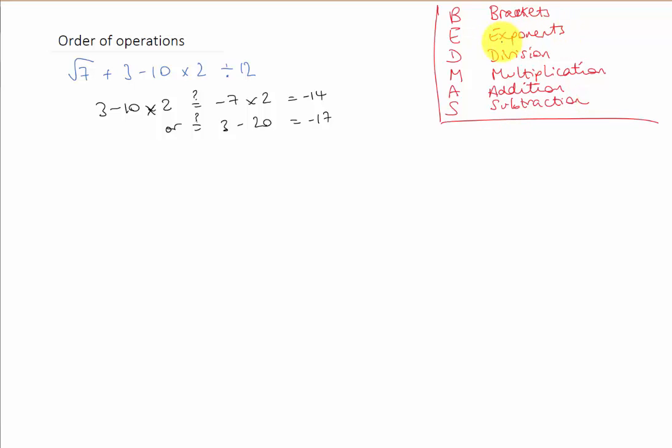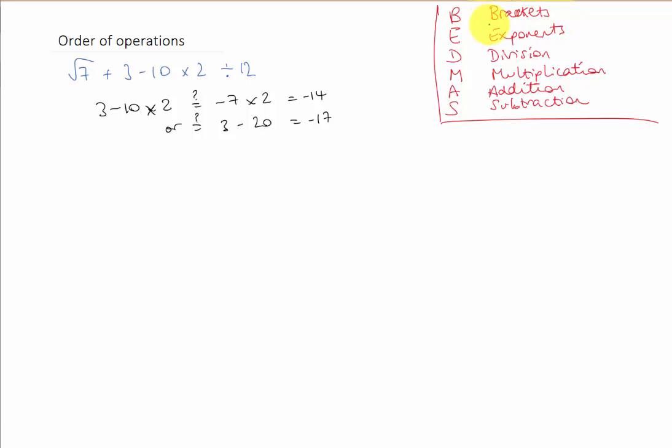So exponents, that's either raising something to a power, or 7 squared, or a square root. That also counts as an exponent. Division, multiplication, addition, subtraction, I think speak for themselves.